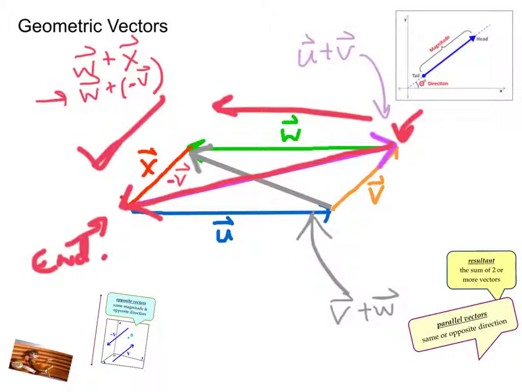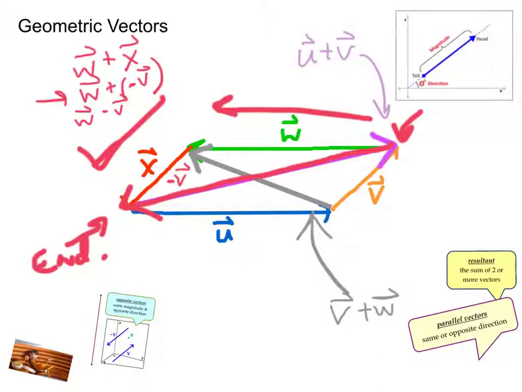This bottom one, if you were given it on a homework assignment, would look like subtraction. If you were subtracting a vector, I want you to always think of adding them the same way. You're just adding a negative vector. If you come across a subtraction problem like so, just treat it as vector w plus vector negative v. You're adding to it the opposite of v.